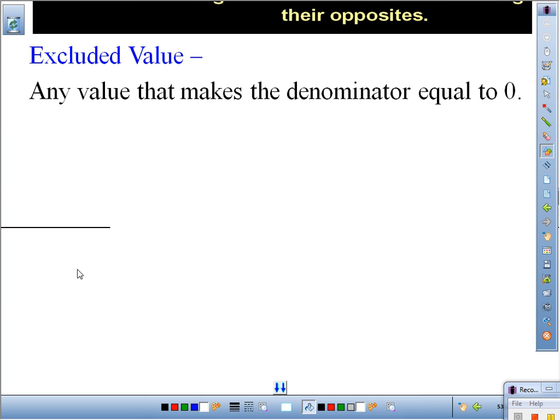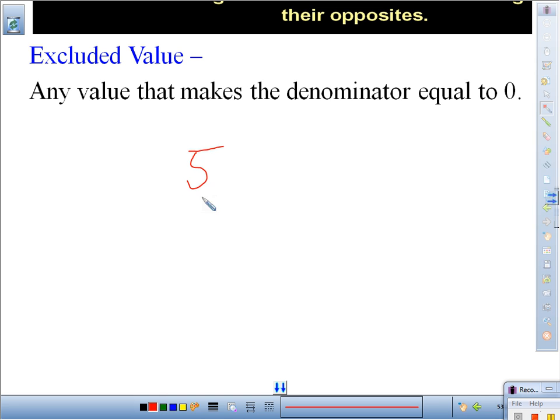If I was to give you the rational expression 5 over x plus 2, look up. What is my denominator? That one. Think of a value that we can substitute into x that would make this whole thing 0. Tell your neighbor that value, please.